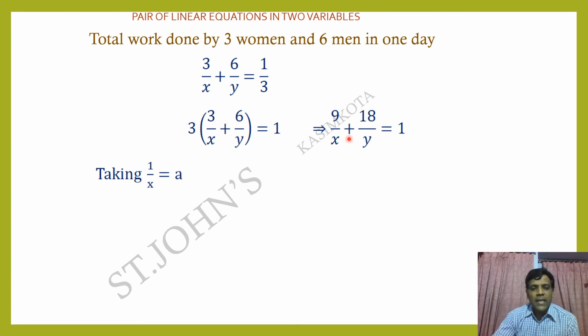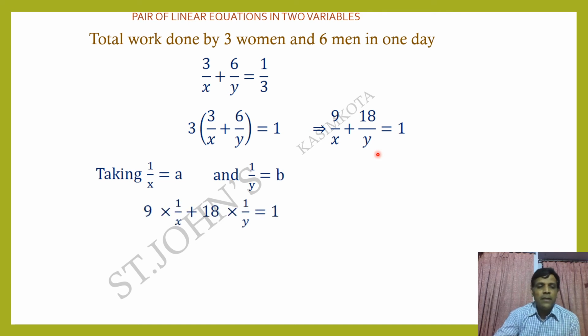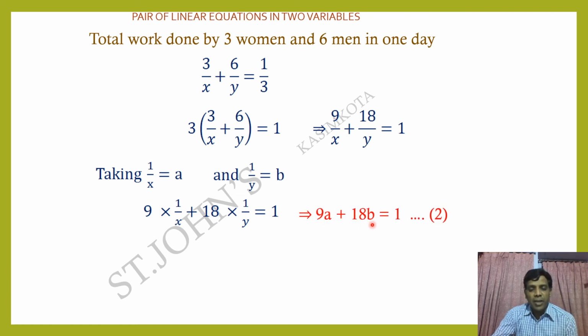Taking 1 by x equals a and 1 by y equals b, 9 by x plus 18 by y equals 1 means 9 into 1 by x plus 18 into 1 by y equals 1. So 1 by x means a, 9a, plus 1 by y means b, 18b, equals 1. This is the second equation: 9a plus 18b equals 1.